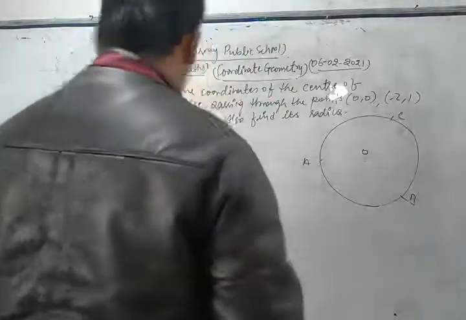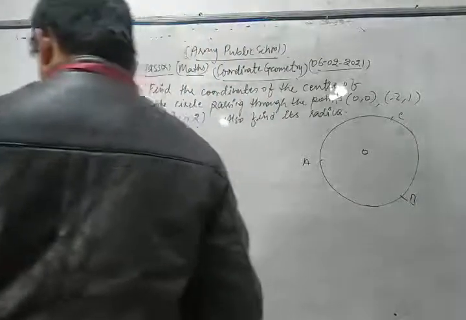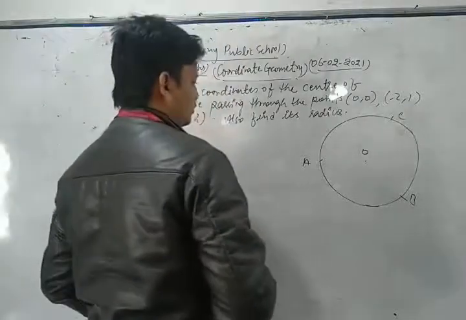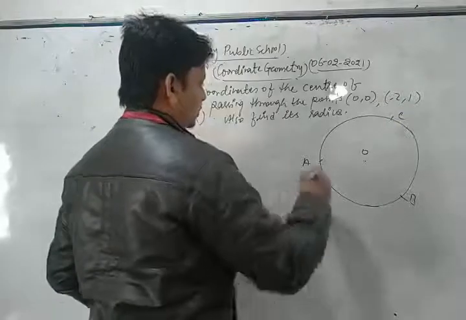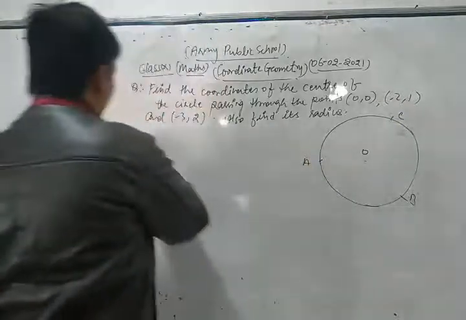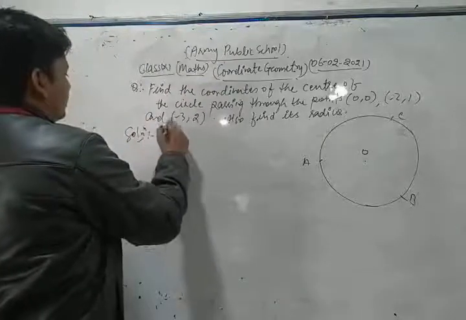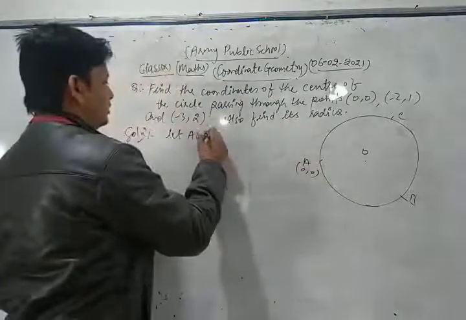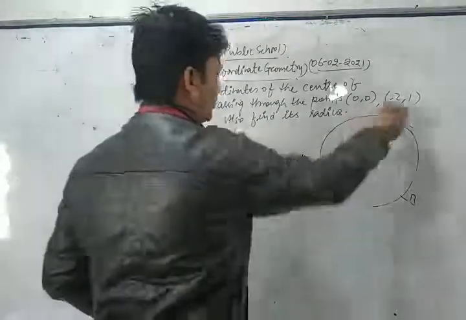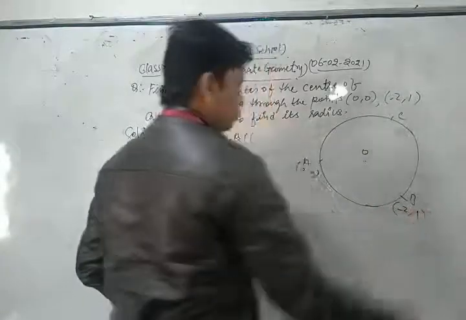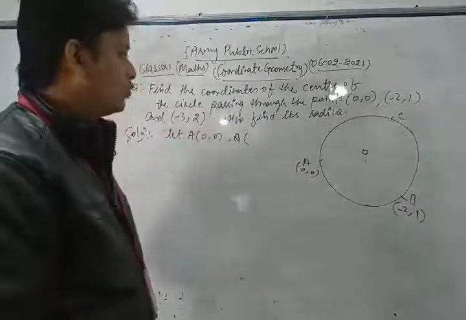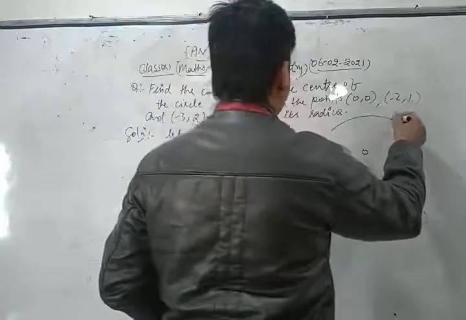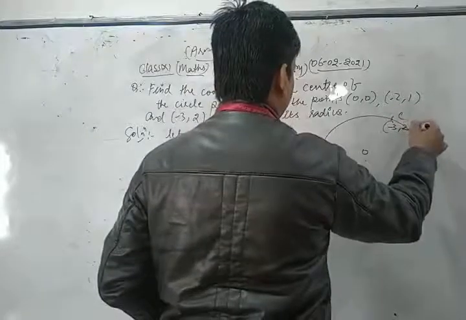Now here, let A be the point 0 0. The coordinate of B is taken as -2 1, and the third point C is taken as -3 comma 2.